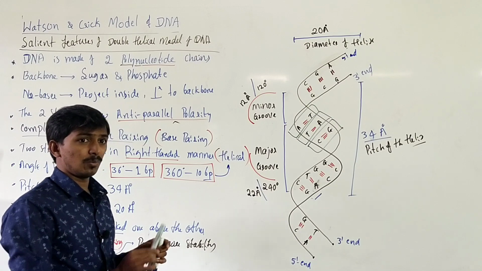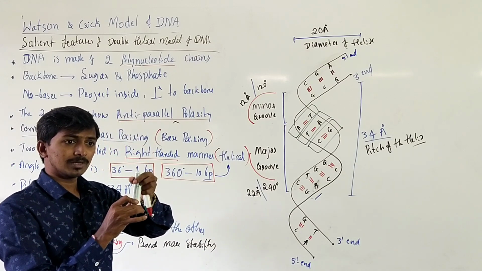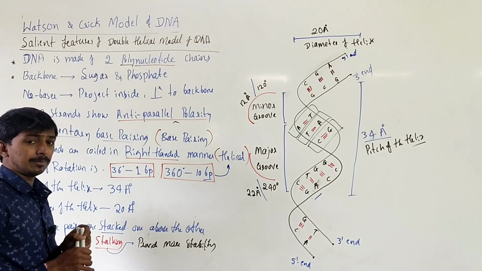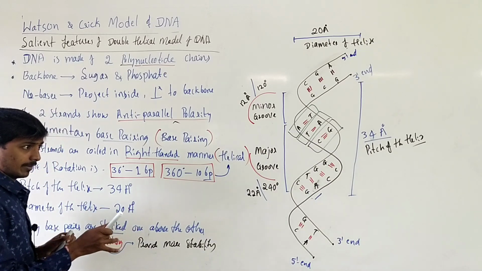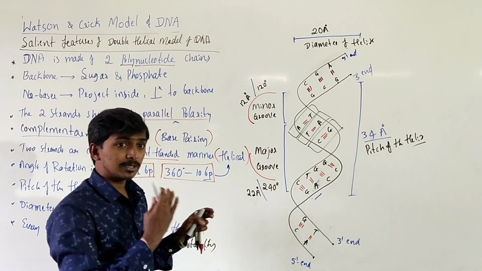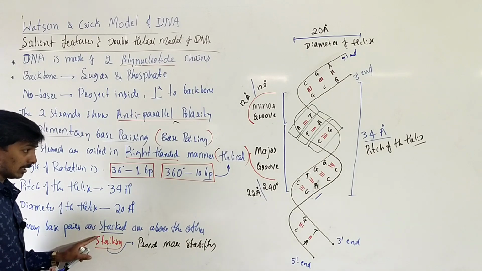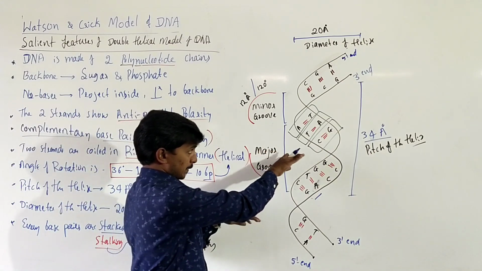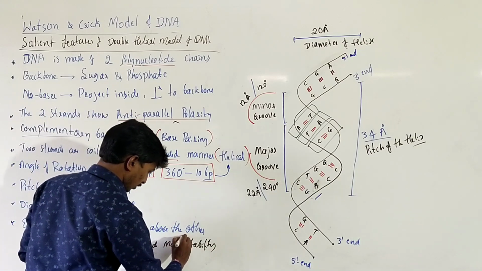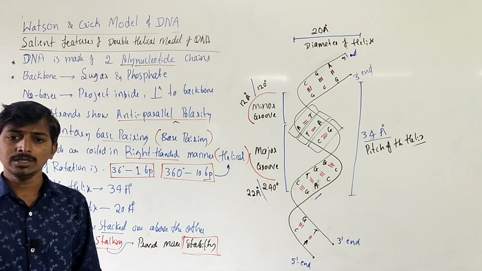Imagine there is only one wire, it is not that strong, but when it binds with the other to make a thread or string, it will be stronger than when it is single. Like that, the hydrogen bonds will join the two strands to make it more stable. And along with the hydrogen bonds, the stacking or arrangement of one base pair over the other will also provide more stability to the DNA.